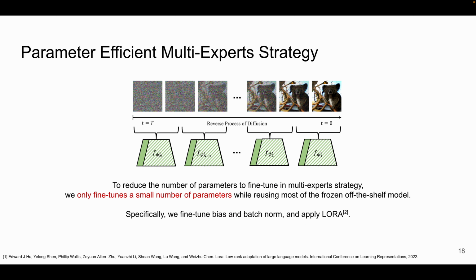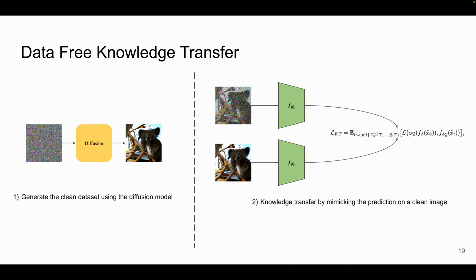To reduce the number of parameters to fine-tune in the multi-expert strategy, we only fine-tune a small number of parameters while reusing most of the frozen off-the-shelf model. Specifically, we fine-tune bias and batch norm and apply LoRA, low-rank adaptation. Meanwhile, the dependence on a label dataset is mitigated by data-free knowledge transfer.